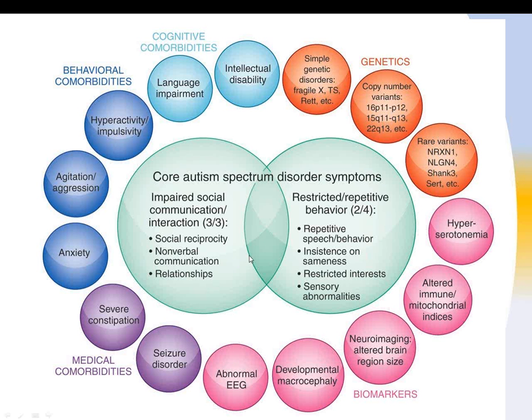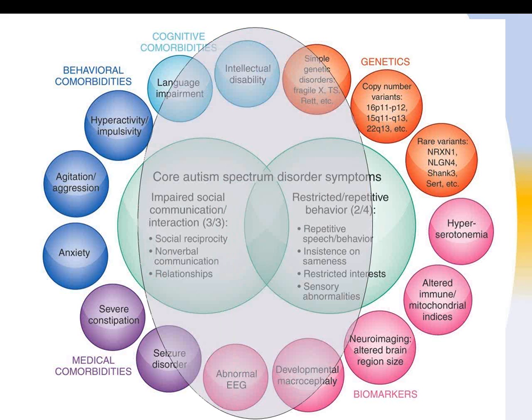So when I think about a child with autism, I never think about a child who only has autism. In the center, you see core autism spectrum disorder symptoms, but typically what we see when a child actually comes into the clinic is perhaps something that looks more like this, where a child also has language impairment, intellectual disability, perhaps a seizure disorder, and sometimes some biological markers related to autism or possibly related to autism.